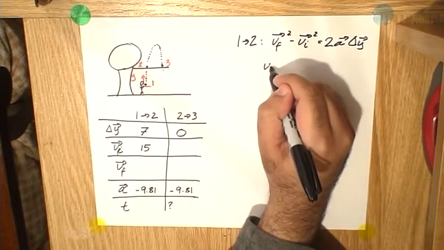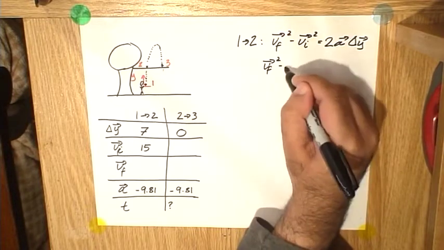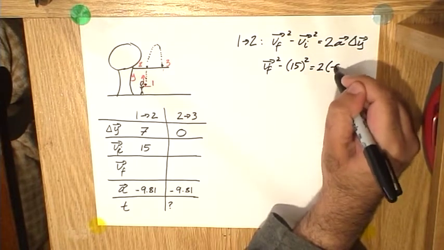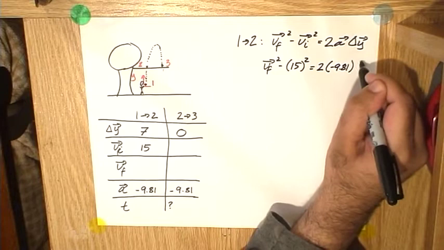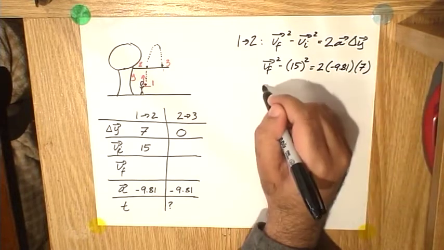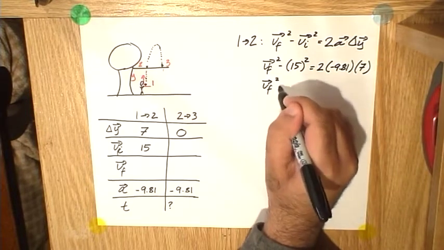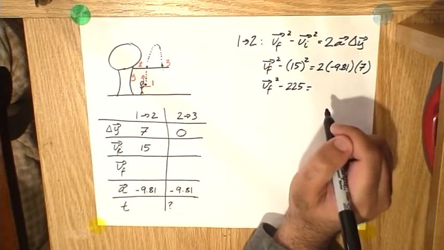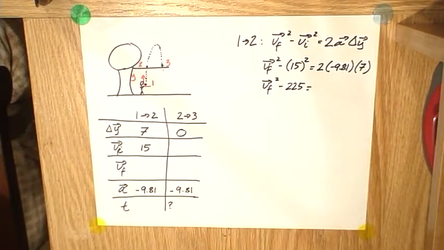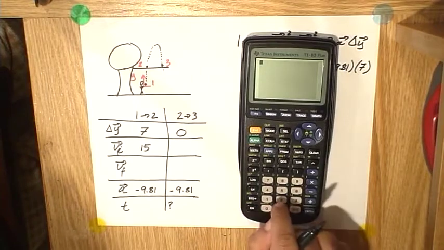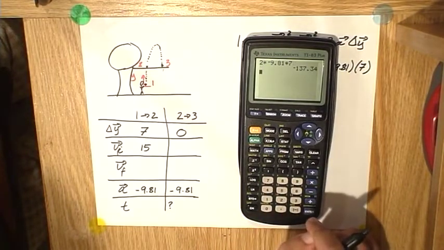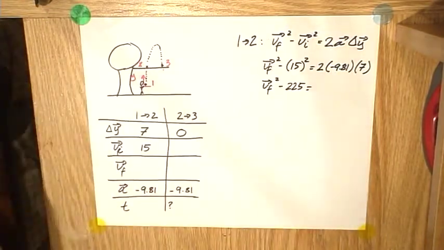So v final squared is unknown, but v initial was 15, and that's going to be equal to 2 times negative 9.81 times delta y, which is 7. Now, v final squared, 15 squared is 225, is going to be equal to 2 times negative 9.81 times 7. So let's work that out. 2 times negative 9.81 times 7 is negative 137.34.